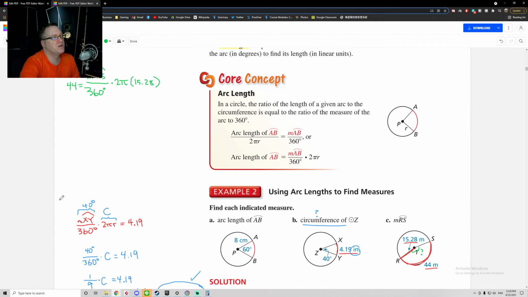So now we can use this to find the measure of this arc. That's the only thing we don't know here.